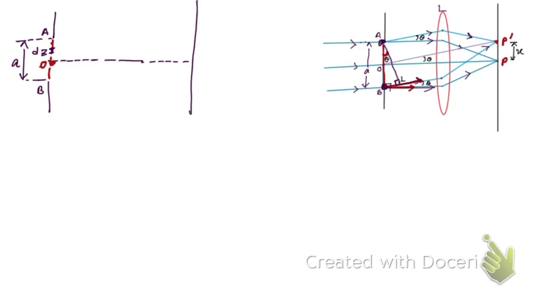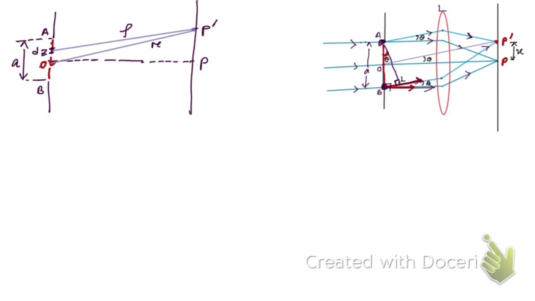This is the screen and here is the point P, and this is the point P dash. So the distance from dz to P, let me take this as rho, and the distance from this center O to P dash is, suppose, small r.